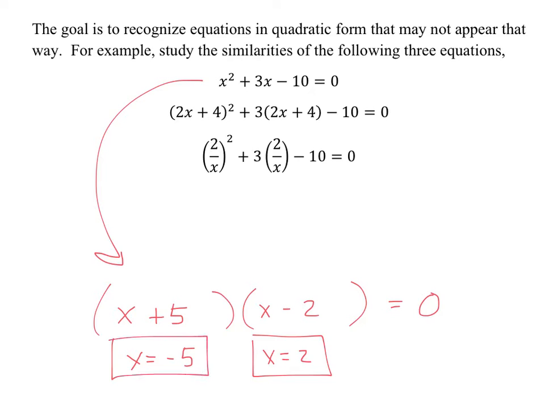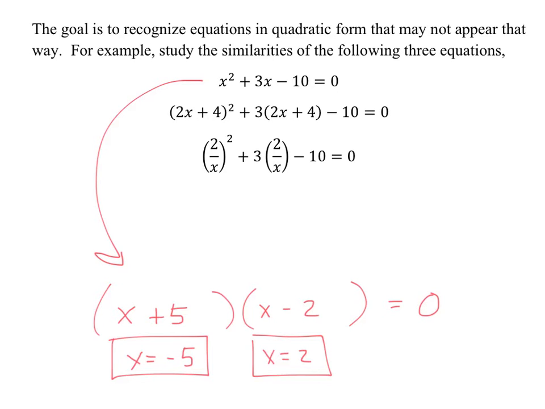Now, the second equation would really have the same solutions because it's the same quadratic, except instead of x, we have 2x plus 4, right? Look at the second equation here, and instead of an x right here, we have a 2x plus 4. Instead of an x right here, we have a 2x plus 4. So we have an answer for x in the first equation that equals negative 5 and 2.